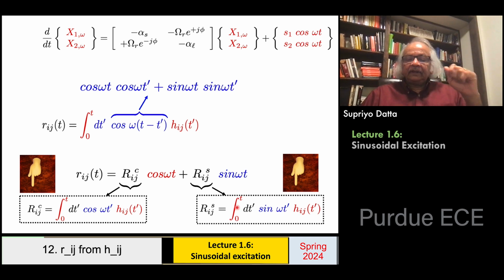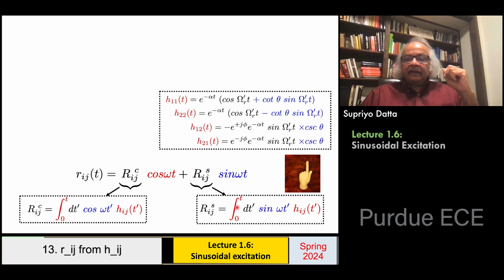That's it. So to go further, I need to get these impulse responses from the last lecture, which I've written down here. And you remember, the black items on the right are the important terms. And then there is the small correction in blue when alpha L is not equal to alpha S. Not very important for most parameters we're interested in, but I've written the full form here.